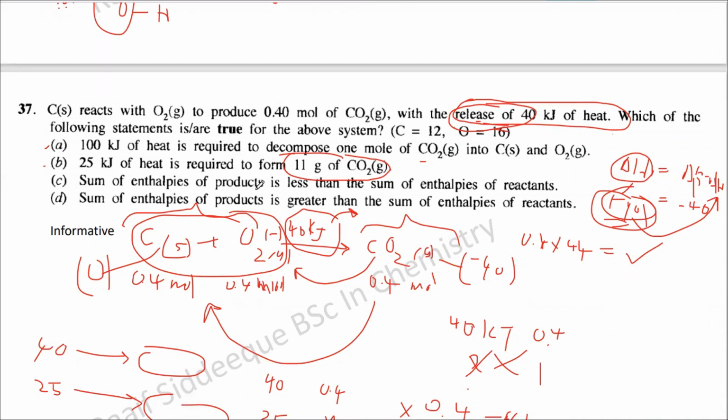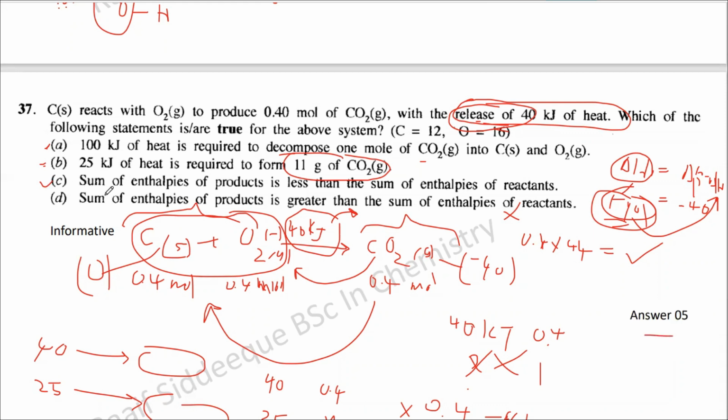The sum of the enthalpies of the product is less than the sum of the enthalpies of the reactants, because this is 0 and this is negative. This is correct. The sum of the enthalpies of the product is greater than the sum of the enthalpies of the reactants, okay, this is wrong. So A, B, C is correct. So that is why the answer is 5.